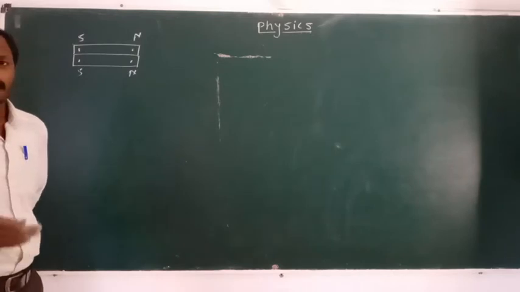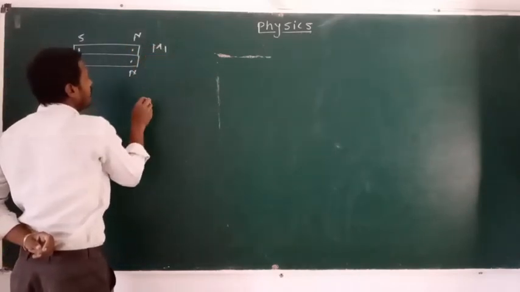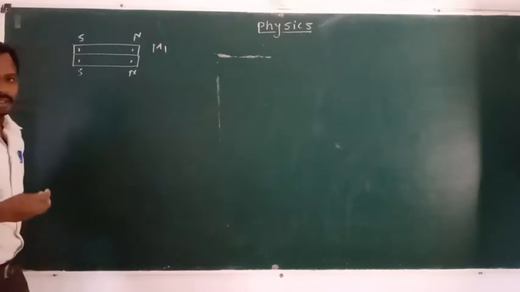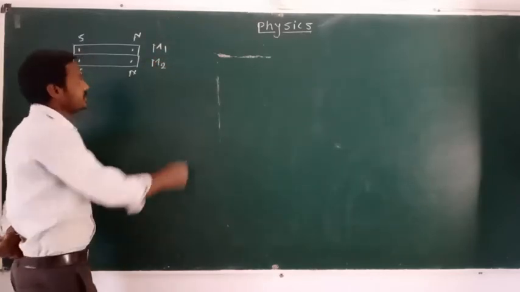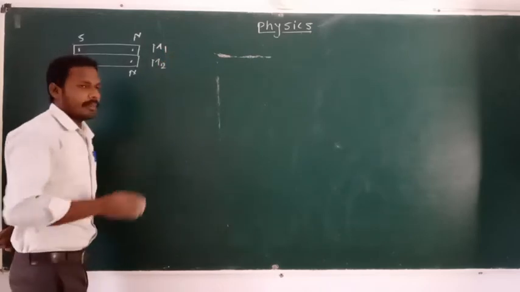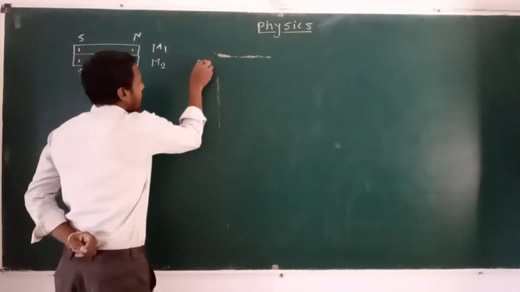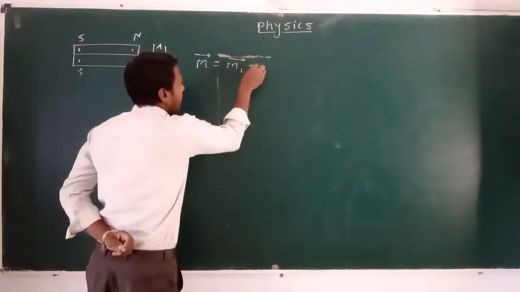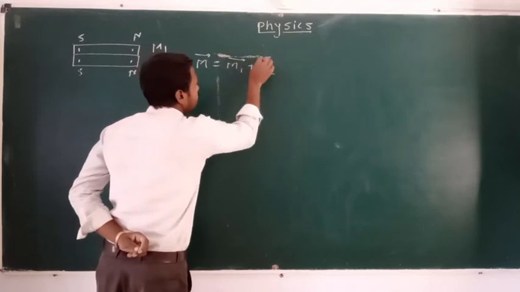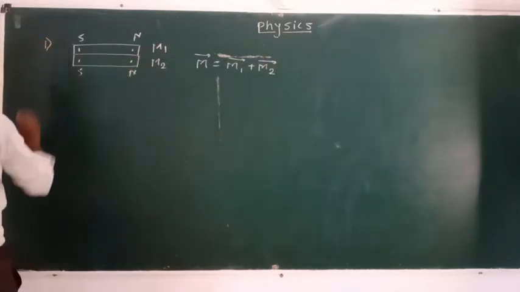The magnetic dipole moment of the first magnet is M1 and of the second magnet is M2. Then the resultant magnetic dipole moment of that combination is M bar is equal to M1 bar plus M2 bar. Okay, this is the first case.